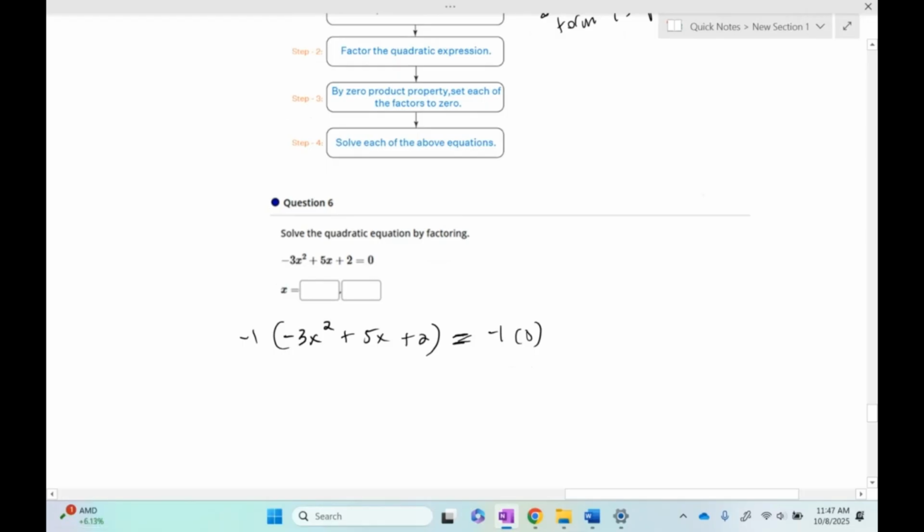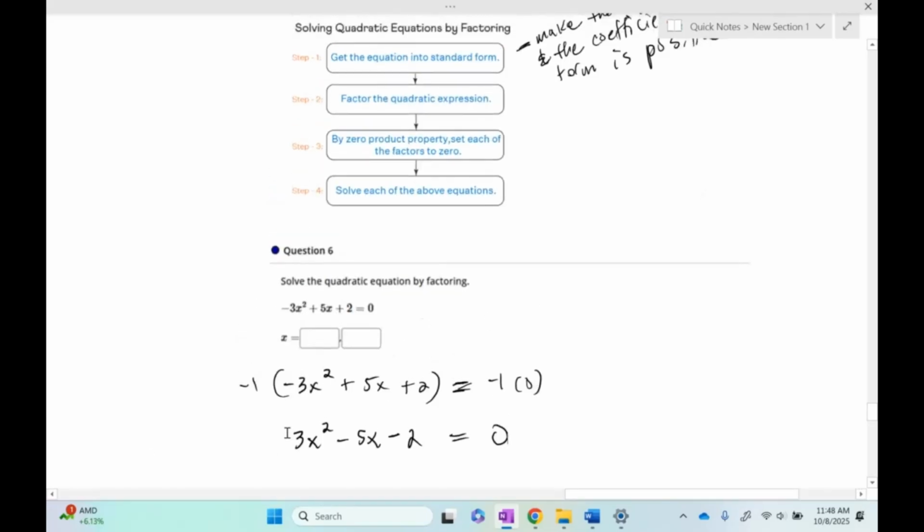A -1 times a negative 3x squared is positive 3x squared. -1 times 5x is negative 5x. -1 times positive 2 is -2. And I'm going to bring down equal 0. So that's the first thing. The squared term has to be positive, and then it's got to be set equal to 0.